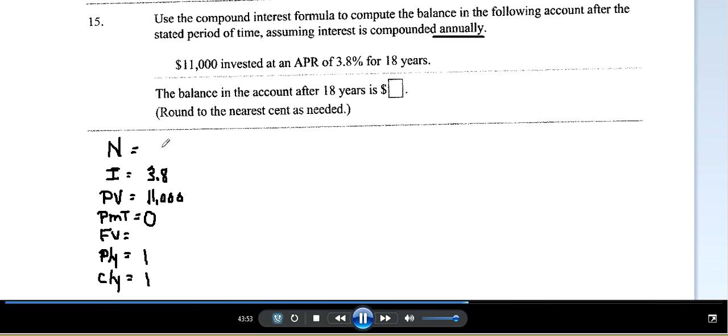And then we go up to the top. The N is going to be 18 this time: 18 times the number of compounds per year, which is 1, so 18. No big deal there. Then when I go down to the future value, I'll hit the green alpha key and then enter.